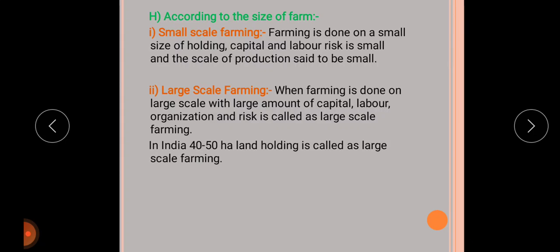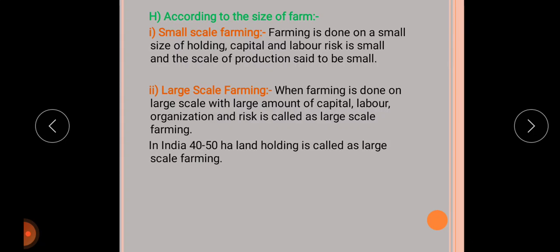Then large scale farming is when farming is done on a large scale with a large amount of capital, labor, organization and risk. In India, a 40 to 50 hectare land holding is called large scale farming.